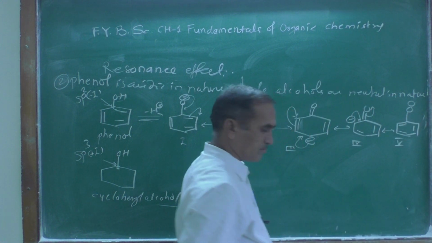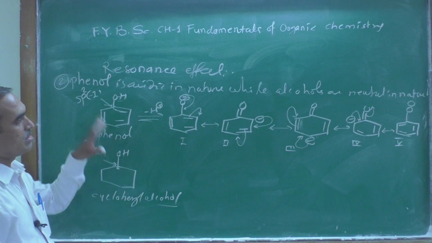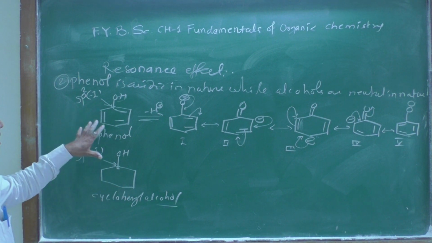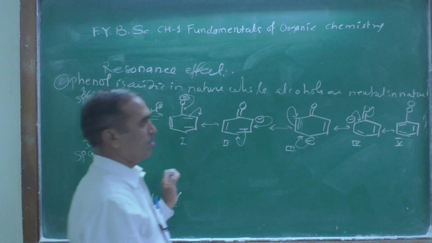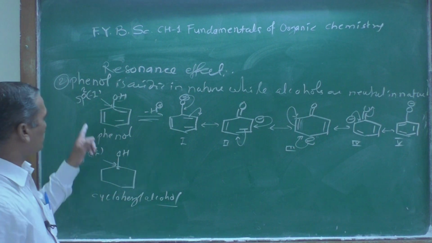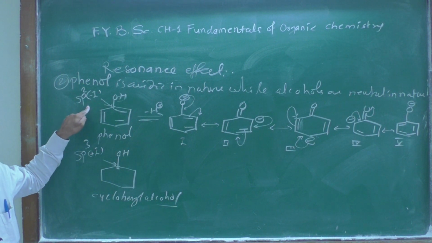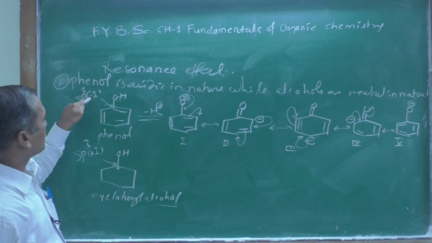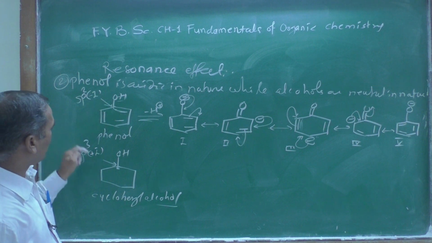There is also a resonance hybrid, but let us see the first reason: you have to draw the resonating structures of the phenoxide ion, and phenoxide ions are well stabilized due to resonance. Second, look at the OH attached to this carbon atom, which is sp2 hybridized and exerts a minus I inductive effect, and therefore it is acidic in nature.